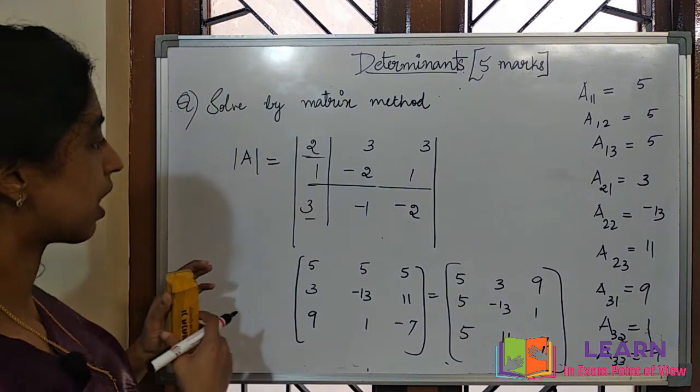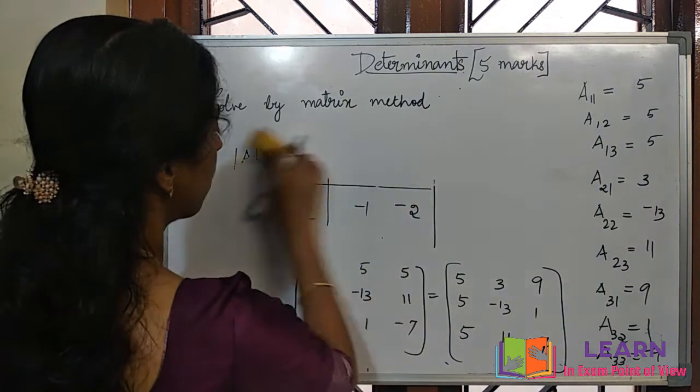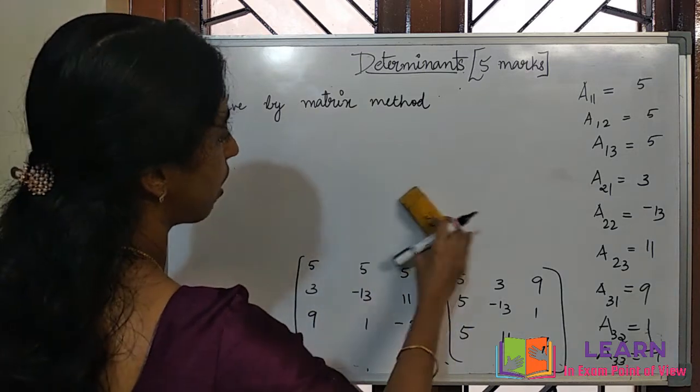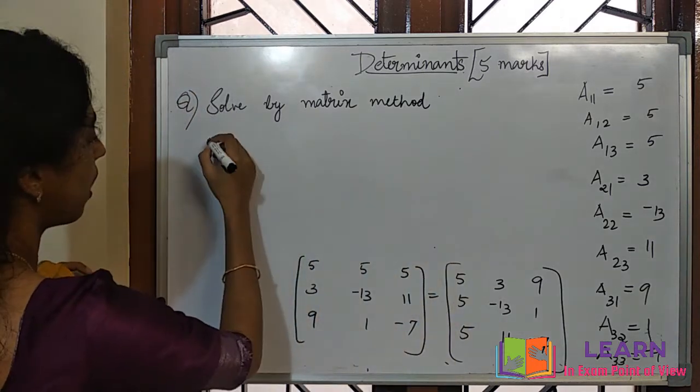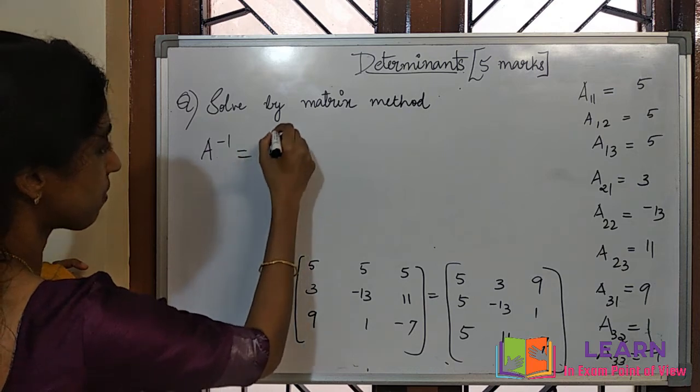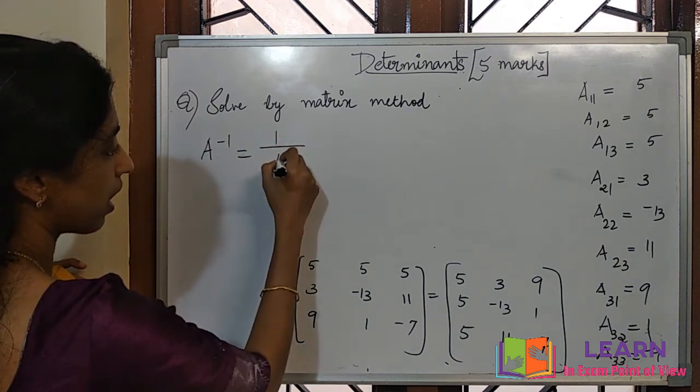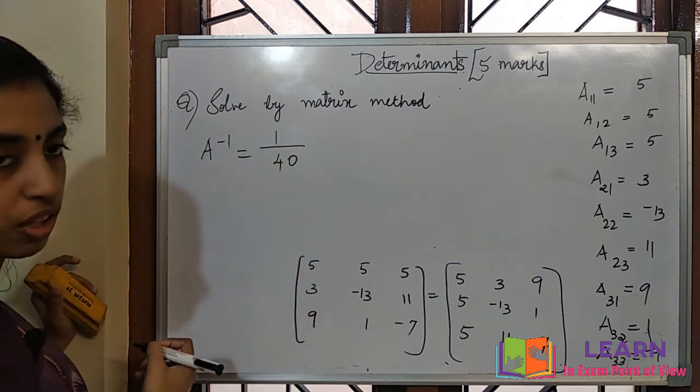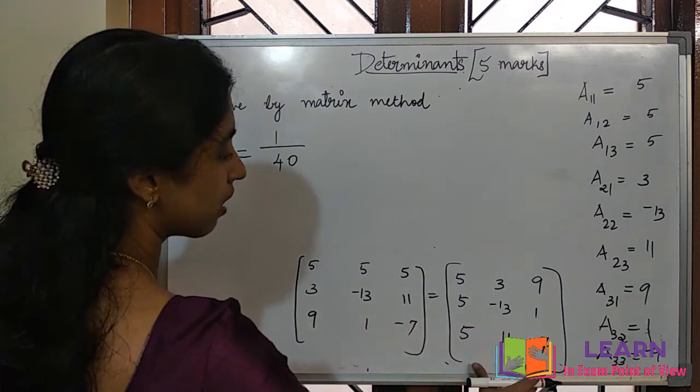Now we can find A inverse. How? Just substitute in that formula. A inverse is actually 1 by determinant A, which we have already got as 40, into adjoint A, this matrix.